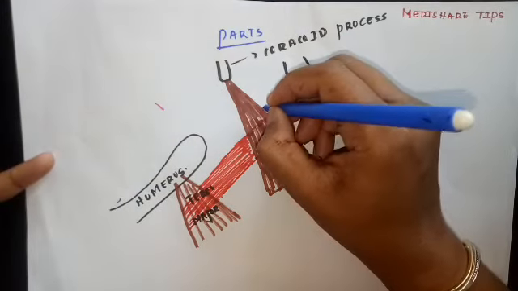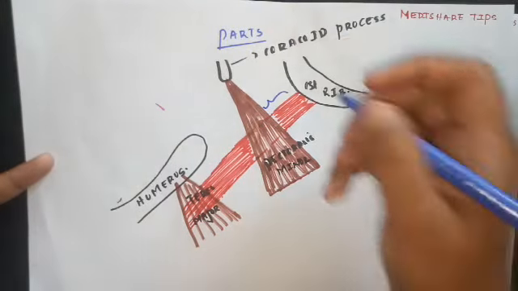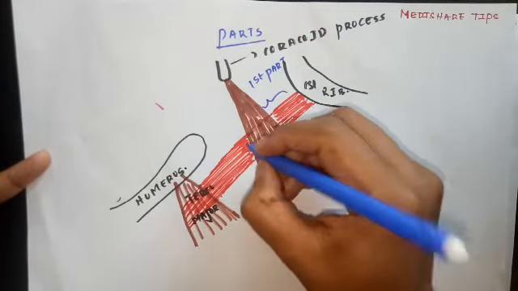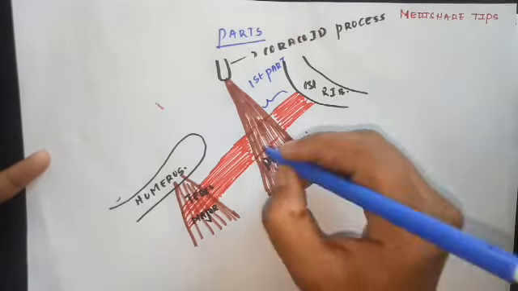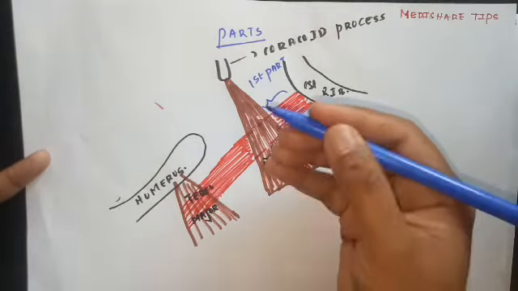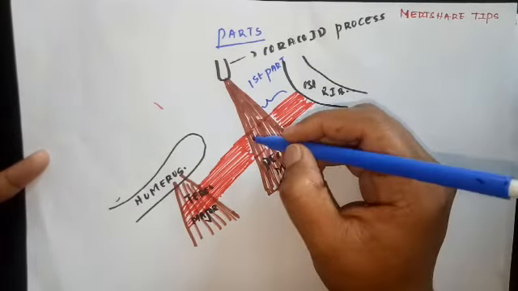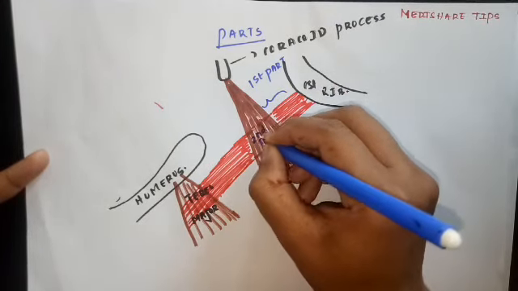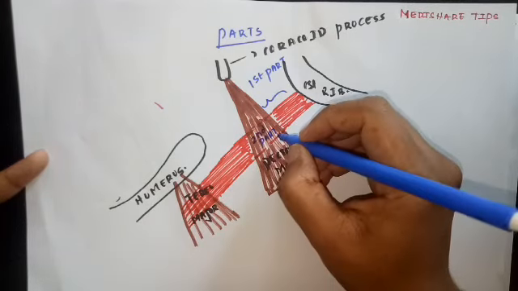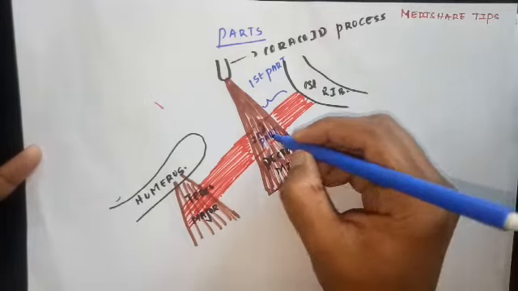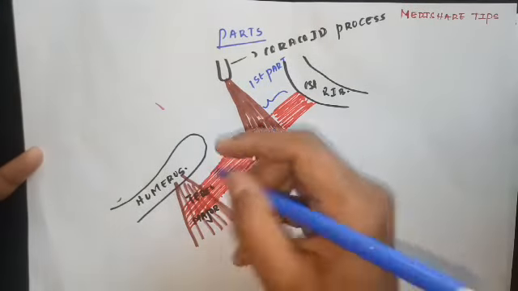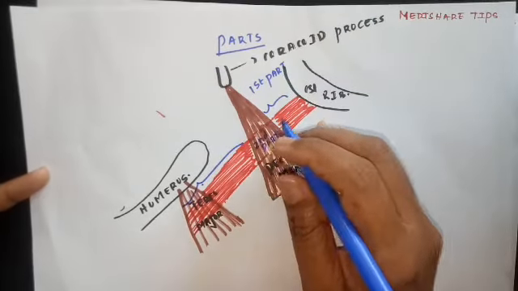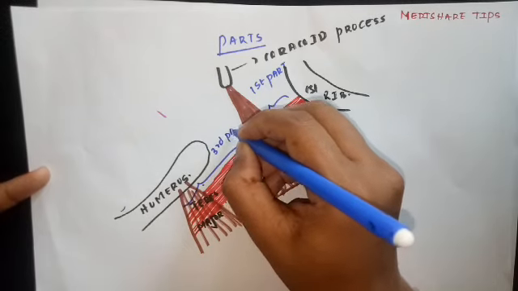The first part of axillary artery is above the pectoralis minor muscle. The part which is present underneath the pectoralis minor muscle, covered by the pectoralis minor, is the second part. And the part which is present below the pectoralis minor is the third part of axillary artery.